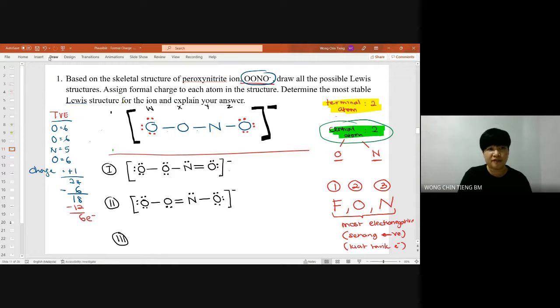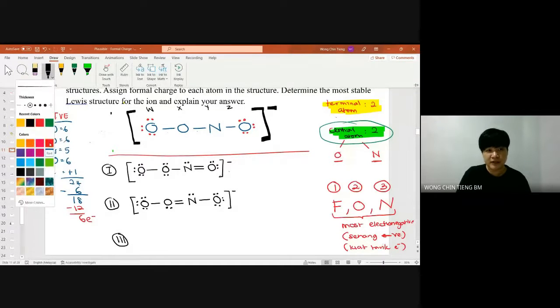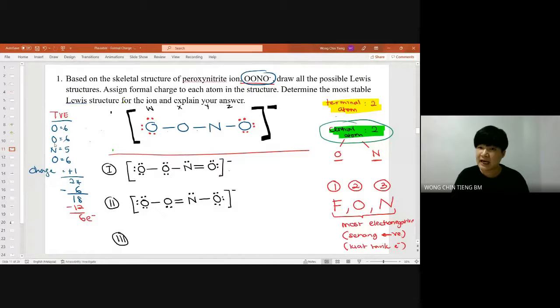Remember the story of kita patut octetkan siapa dulu. Okay. Remember that just now? So what I'm doing over here is, I will do it the other way round yang Miss Wong cakap tadi. Opposite. Yang kita buat adalah yang paling betul. Tapi dari segi possibility, saya boleh octet nitrogen.